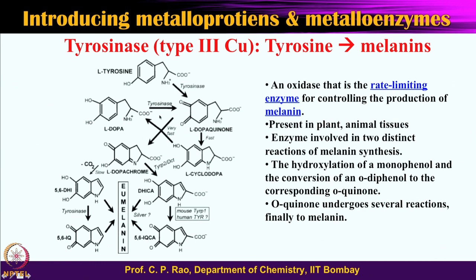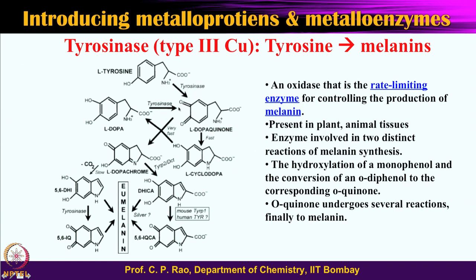So, we have also looked at this enzyme. The enzyme is called tyrosinase. It is a type 3 copper enzyme, and I will be telling you an example a little later. Here we will look at how the tyrosine is converted through a variety of reactions to melanin. A lot of redox processes go on.